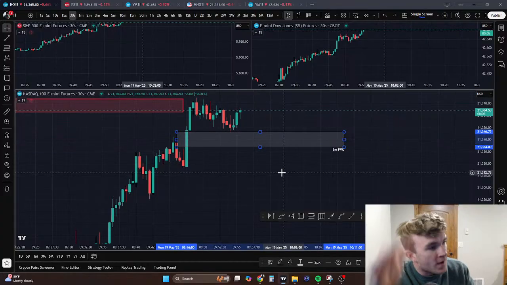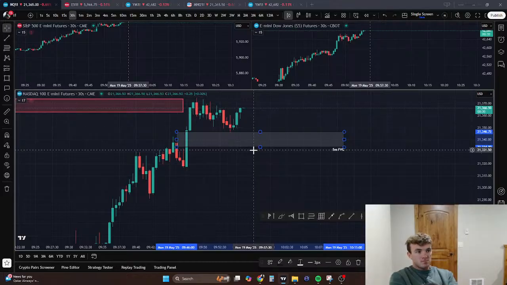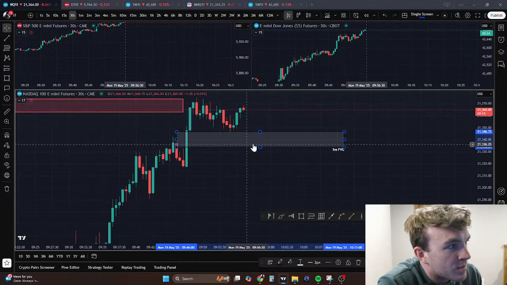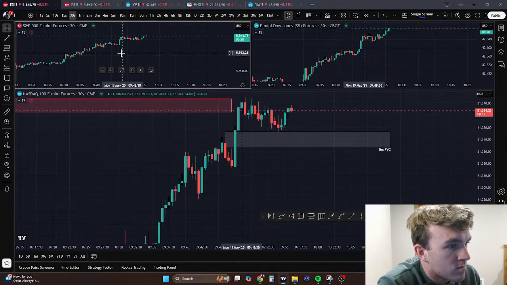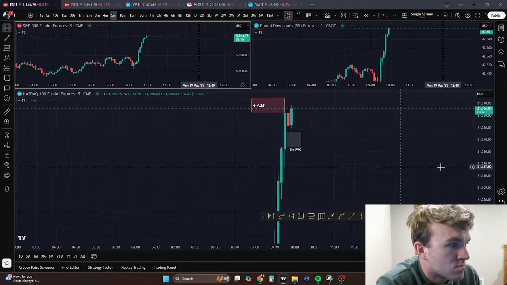Unless there's an inverse for value gap, then maybe I'll take a trade. I want to see us push into this 5-minute gap. We might not.